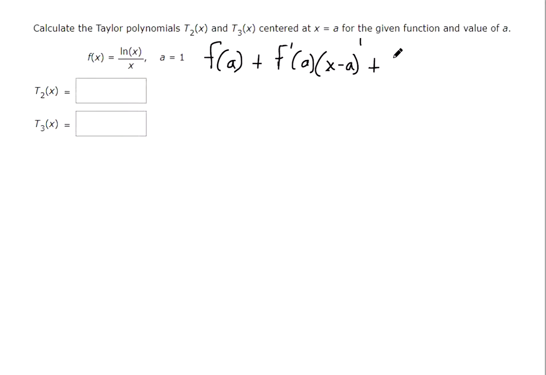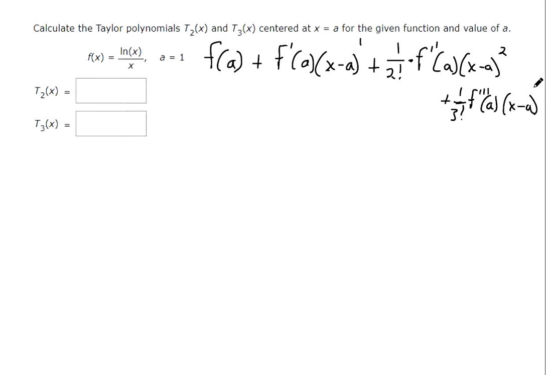Usually we write it as over 2 factorial, times the second derivative with the center plugged in, times x minus our center squared. Since we're doing the third term in the Taylor polynomial, we do 1 over 3 factorial times f triple prime, the third derivative, times x minus a to the third.